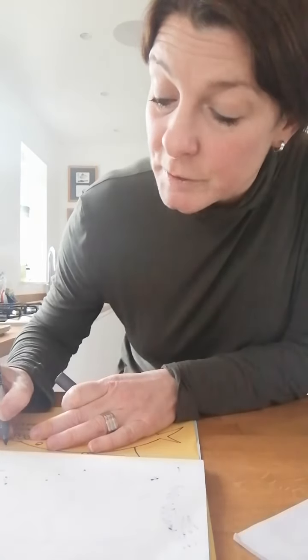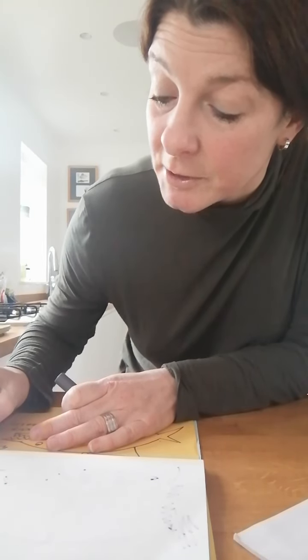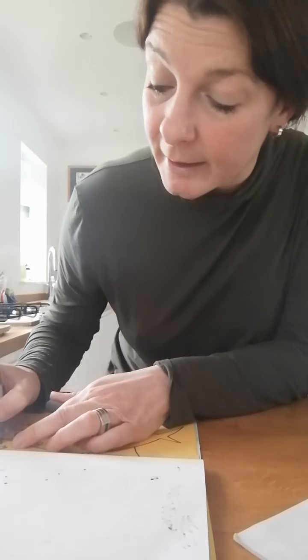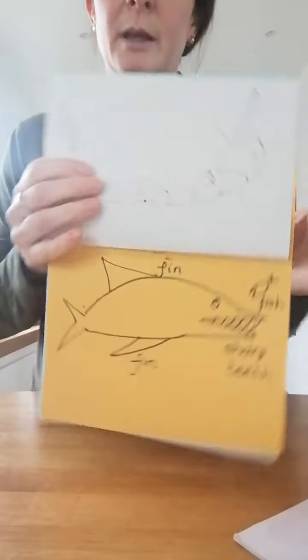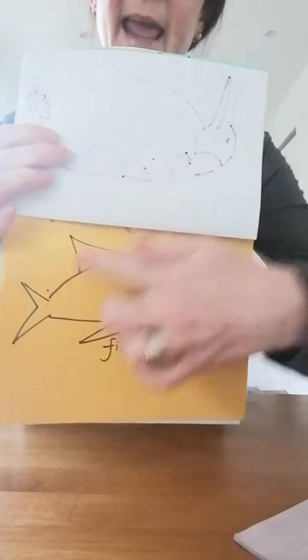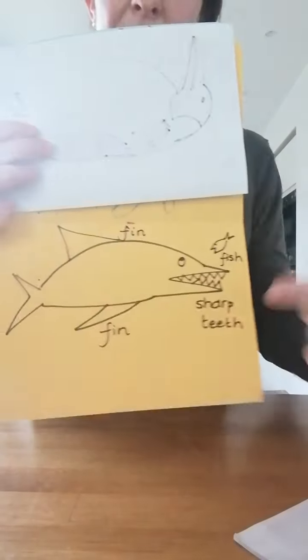And then I could draw some little fish as well, because I know the shark would like to eat some little fish, and I can label the fish. So you could choose which animal that you would like to draw and label, so you're giving a bit of information about that one particular sea creature.